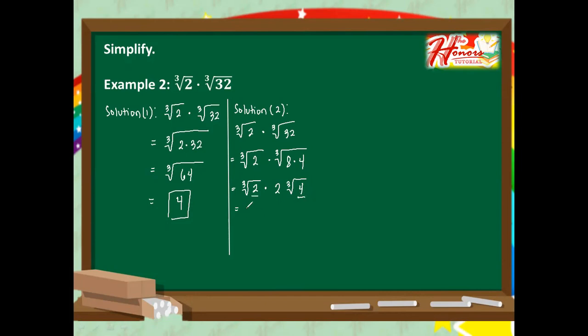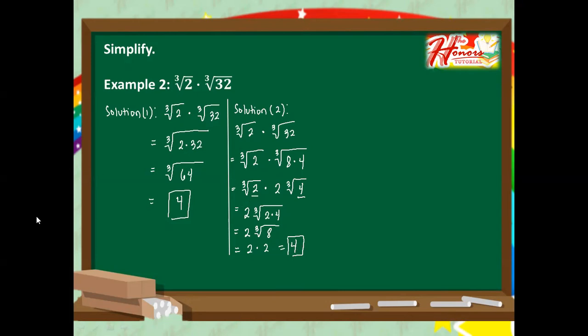So let's just copy 2 here, which is outside the radical symbol, and then the cube root of 2 times 4. And let's continue. So that is 2 cube root of 2 times 4, that's 8. As you can see, we can simplify cube root of 8, that is equal to 2. So now we have here 2 times 2, that is equal to 4. So this is the other way of solving example number 2.